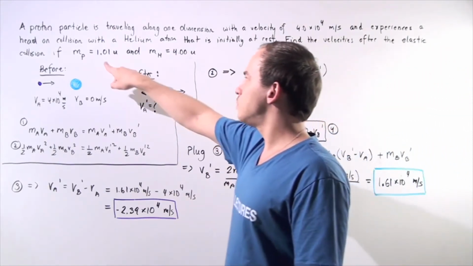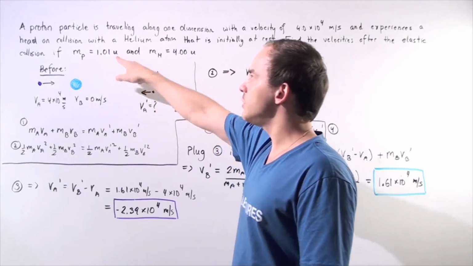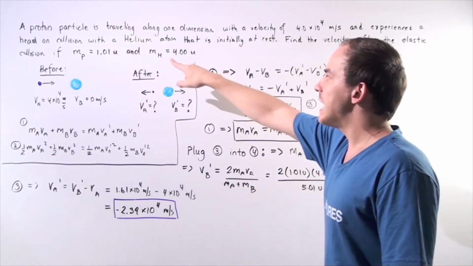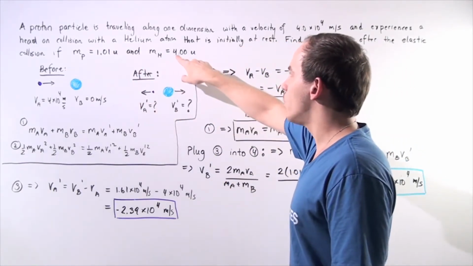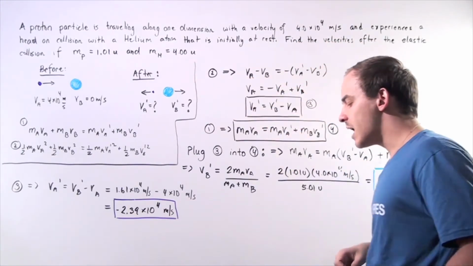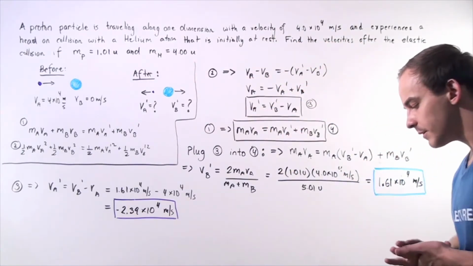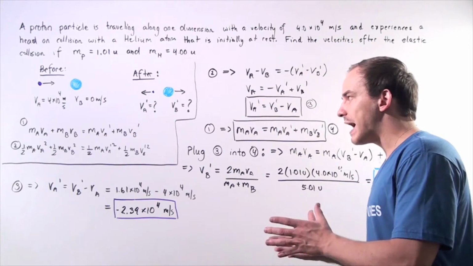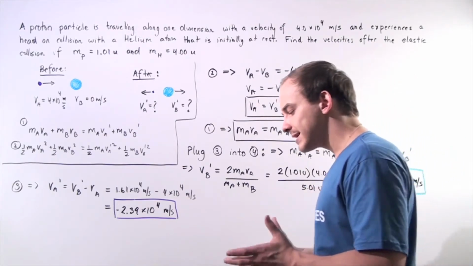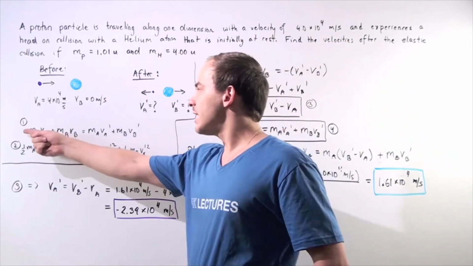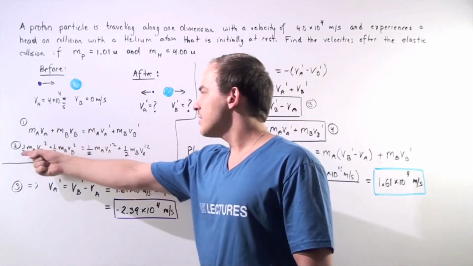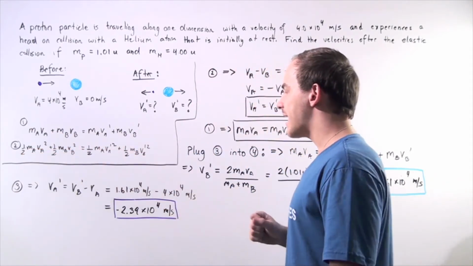The mass of the proton is 1.01 unified atomic mass units, and the mass of the helium is 4.00 unified atomic mass units. Now, we are given the fact that our collision is elastic, and that means we have the conservation of momentum and the conservation of kinetic energy.